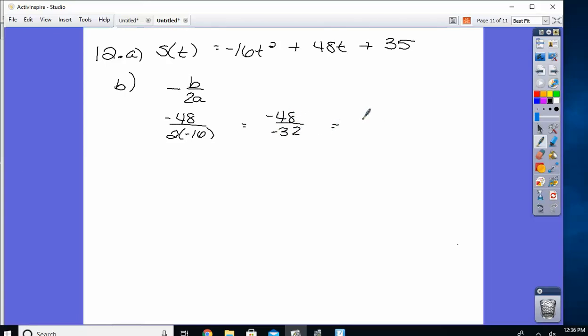So that reduces to 3 over 2. That's the time. That's how long it takes to get to its maximum. Then I said, how high is it going to be at that time? So what do you have to do? Plug it back in.